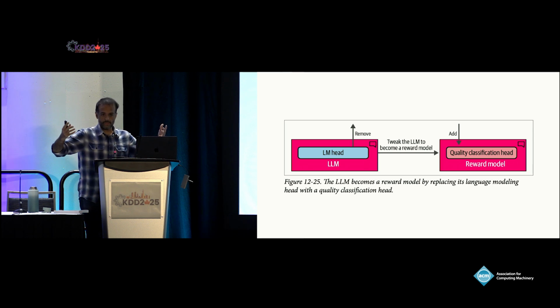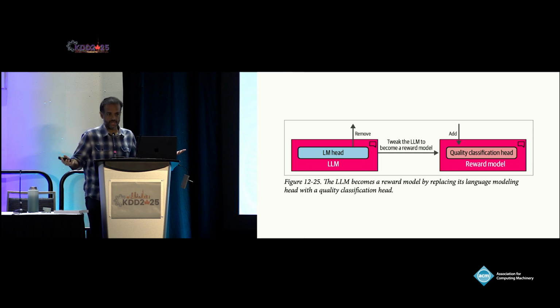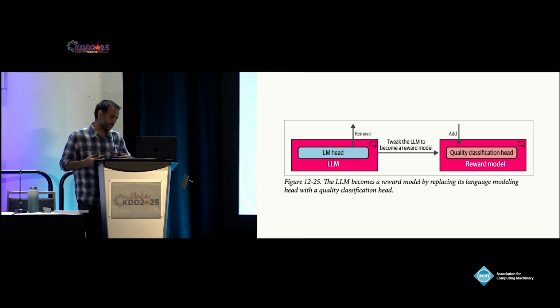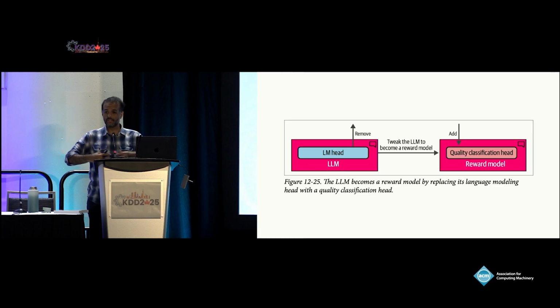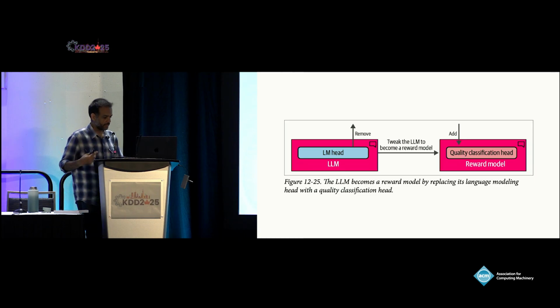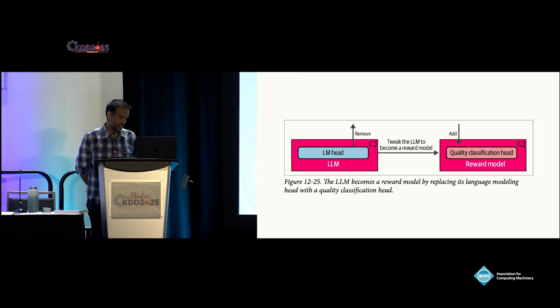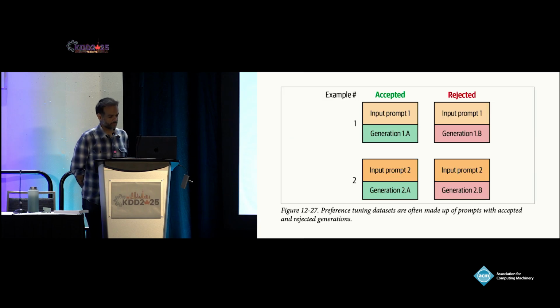And you train it on preference data from human annotators. From that, you can have a model that is able to give you these value judgments. Is this a good completion for this prompt or not? And that is a very important part of the puzzle to create huge amounts of the data that you need to create a high quality and high performance language model.